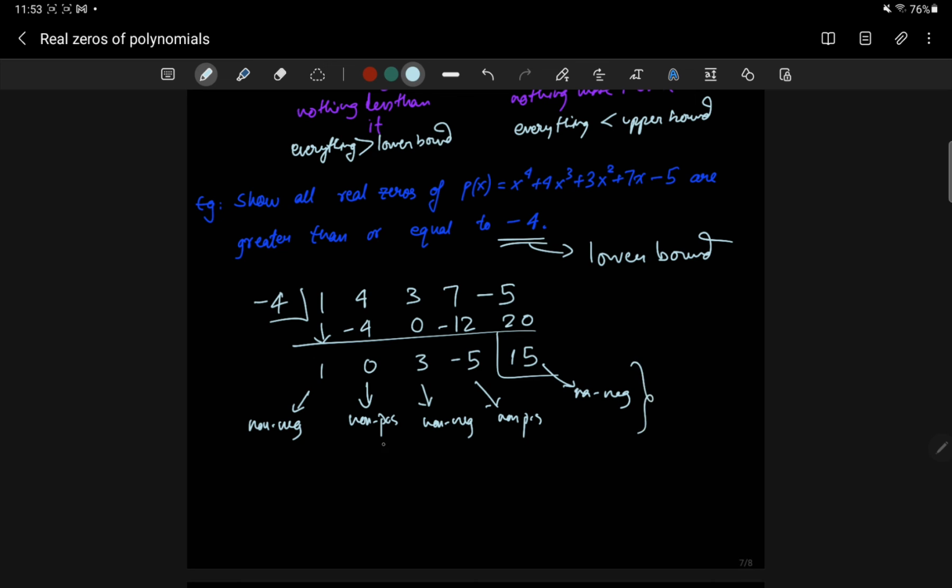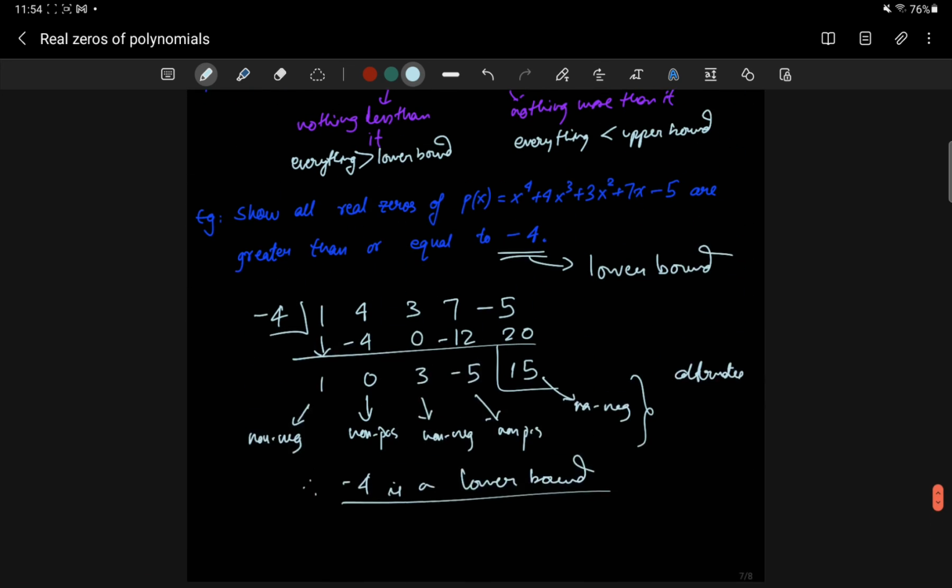So it alternates, therefore -4 is a lower bound. Since it is a lower bound, every real zero of this polynomial is going to be greater than or equal to it.